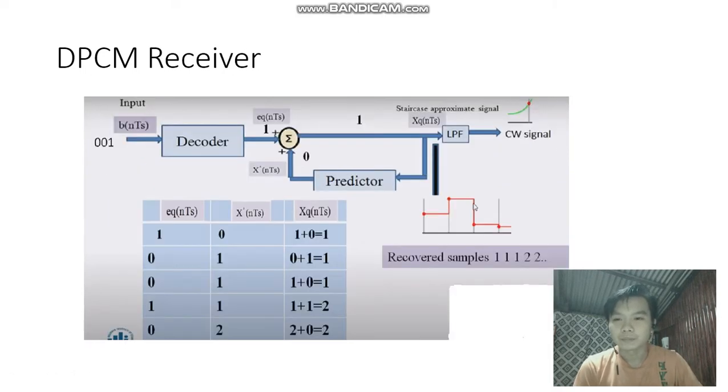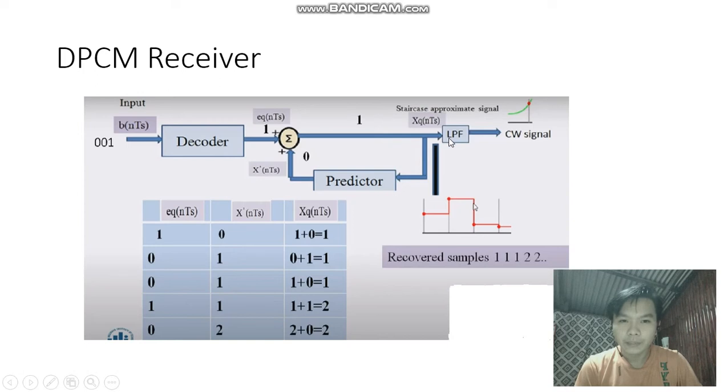DPCM receiver. This is an example of DPCM in the receiver. This is the input, bn(nTs), to the decoder, then it goes to eq(nTs), and from eq(nTs) it goes to the summer. Before that, from the predictor, x'(nTs) also goes to the summer.